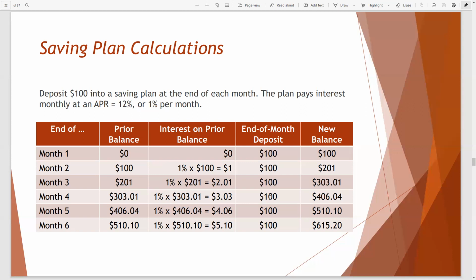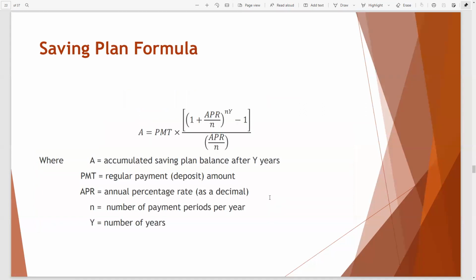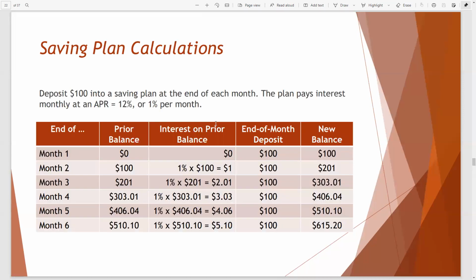Hopefully we have a formula, which economists found, for the saving plan accumulated balance, also called an annuity. The condition here is that the deposit is made at the end of the month. Some other plans make the deposit at the beginning of the month, but that's another story. What we have is always at the end of the month.